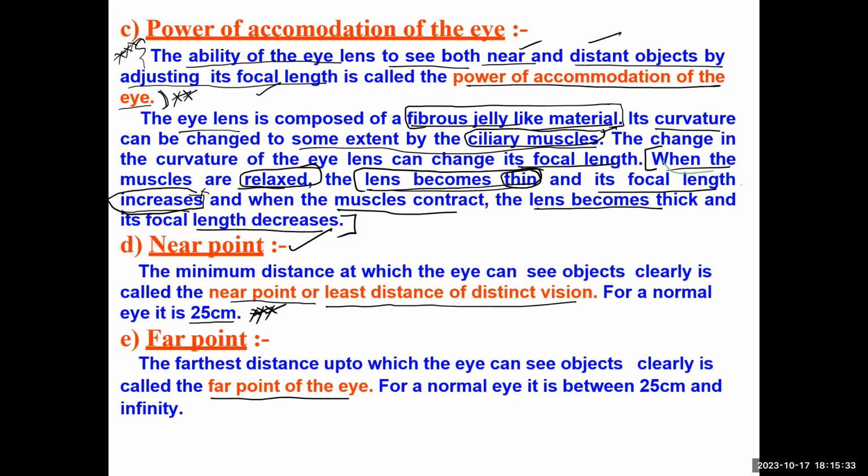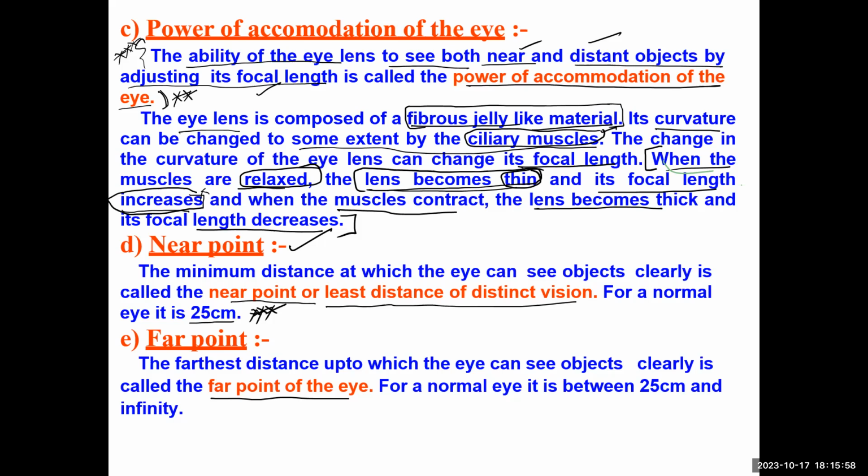If you put an object closer than 25 centimeter to the eye, let me say only 10 centimeter, you cannot see that object clearly. But if the object is at 25 centimeters, we can see it clearly to some extent. Whenever the object is less than 25 centimeter from your eye, we cannot see it. So that is called the near point.